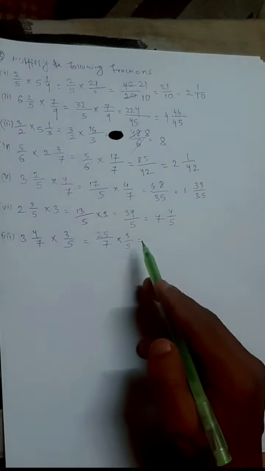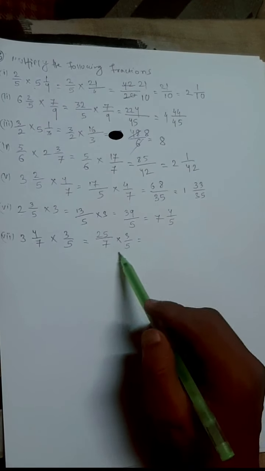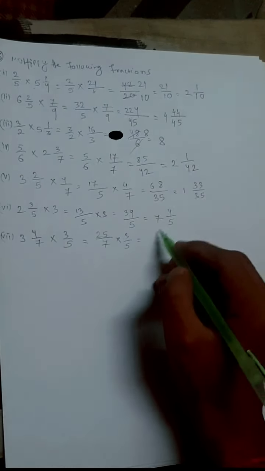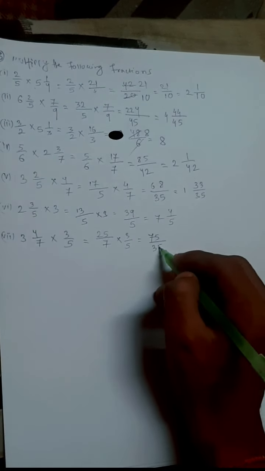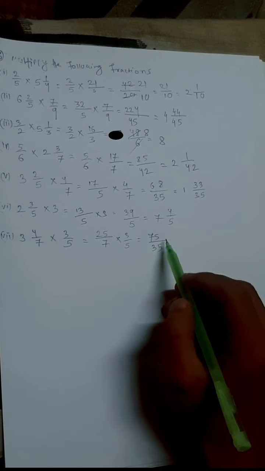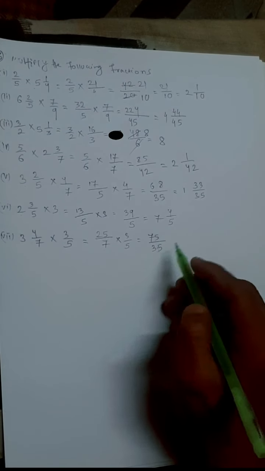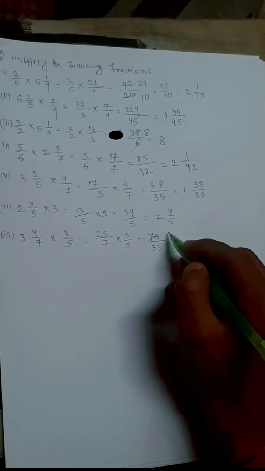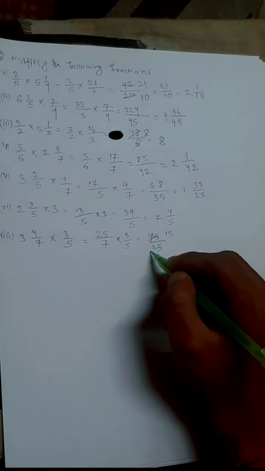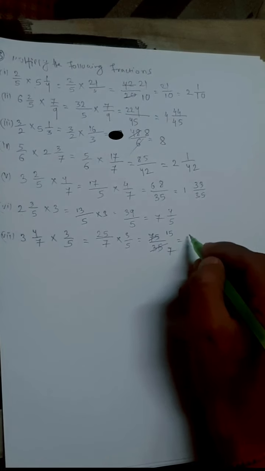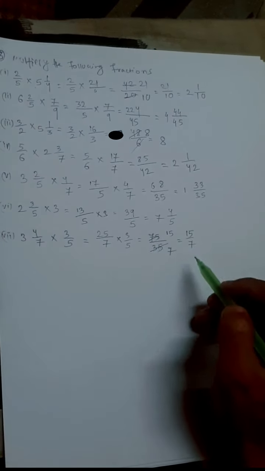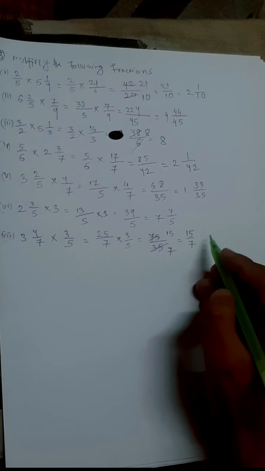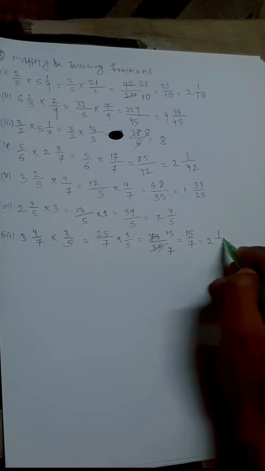Now multiply both the numerators and both the denominators. 25 times 3 is 75 upon 35. Here both the numbers are divisible by 5. 5 times 15 is 75, 5 times 7 is 35, equals to 15 upon 7, and when it is converted into a mixed fraction it will become 2 whole 1 upon 7.